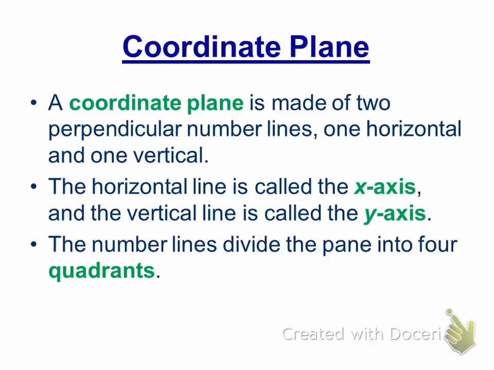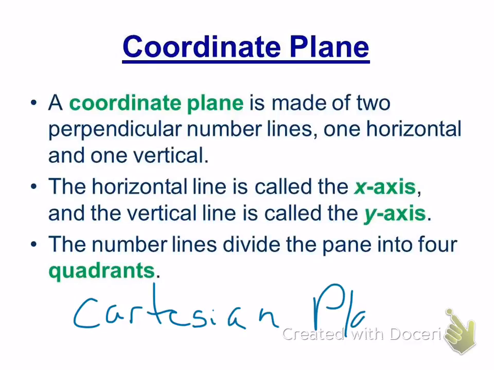Another name for the coordinate plane is the Cartesian plane. Have you ever heard of that? No. It's called the Cartesian plane. That's an E after the T, right? Cartesian, yes. It's named after the person, I'm guessing, that had something to do with it, and his name was René Descartes.